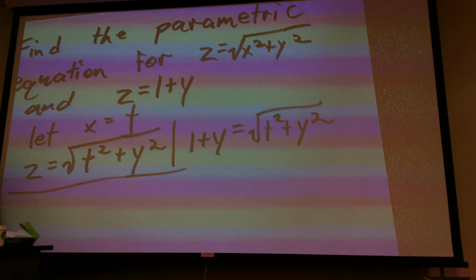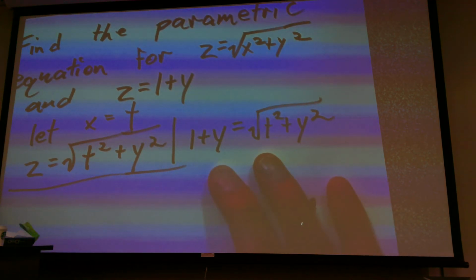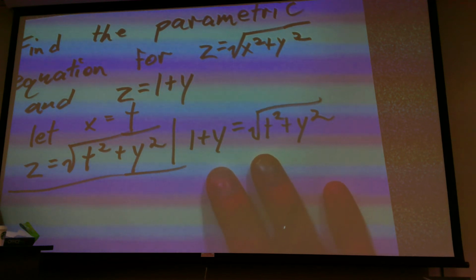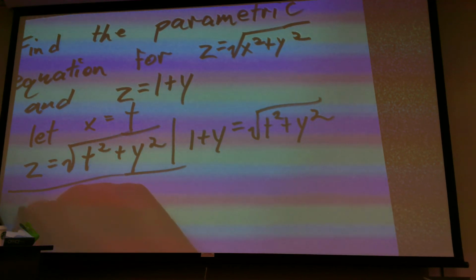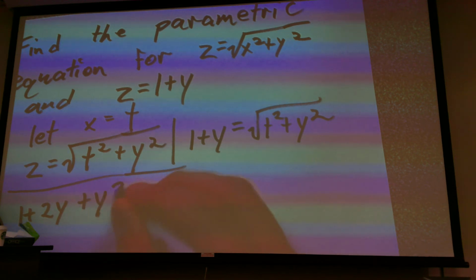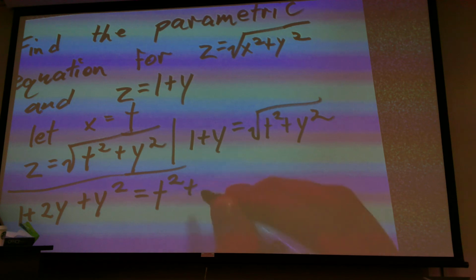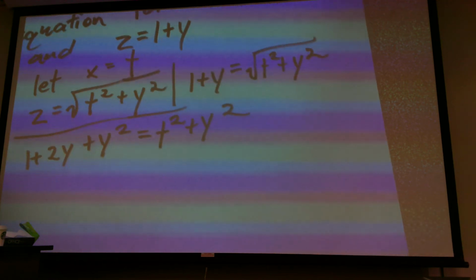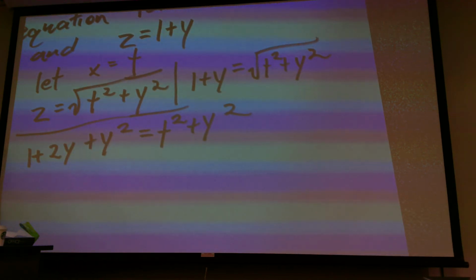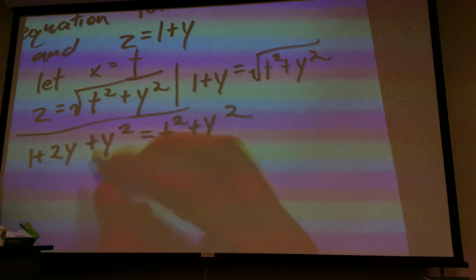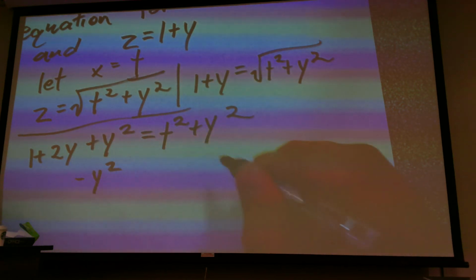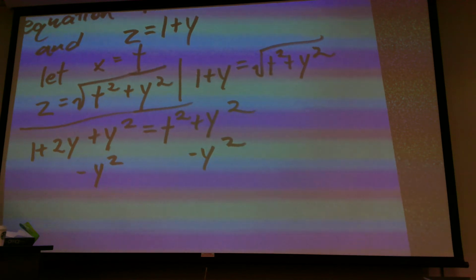So to do this, the first thing I'm going to do is square both sides of this thing. So that would give me 1 plus 2y plus y squared is going to equal t squared plus y squared. All I'm doing is squaring both sides of that problem. Okay? And then let's subtract y squared from both sides of the problem. That's not an issue.